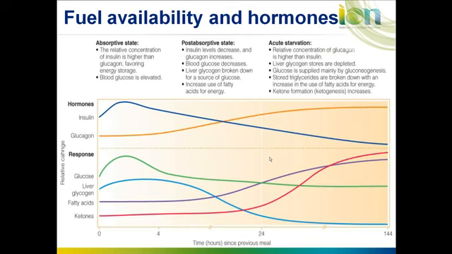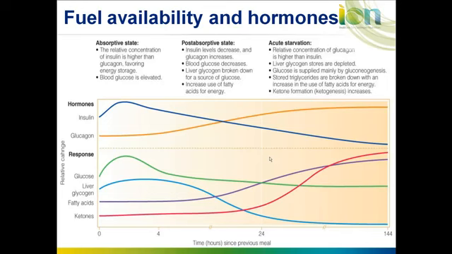So in the 4 to 6 hours, you can see the timeline along the bottom of this graph. The 4 to 6 hours from when you eat a meal, you get a rise in blood glucose, which is the green line in the middle of the chart, which results in a similar rise in insulin, the dark blue line at the top, and also a corresponding increase in glycogen stores, the light blue line, being synthesized in the liver.